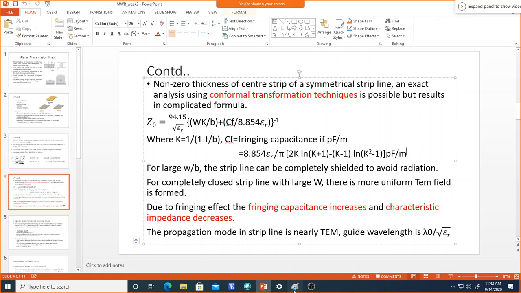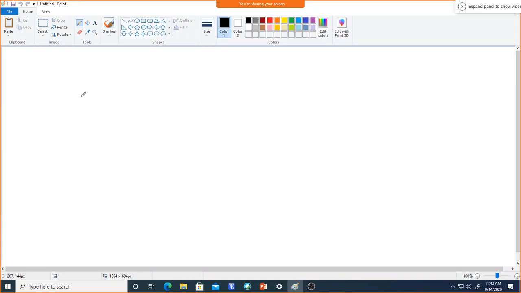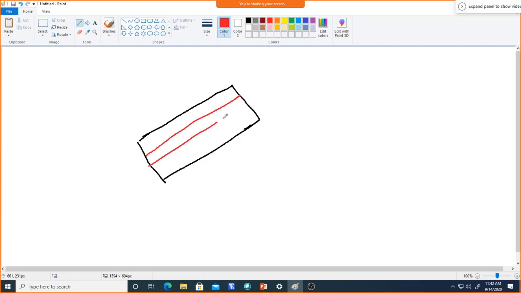For example, if you have a strip line like this, this is one substrate, we have a center conductor like this, and again you place another conductor on this.